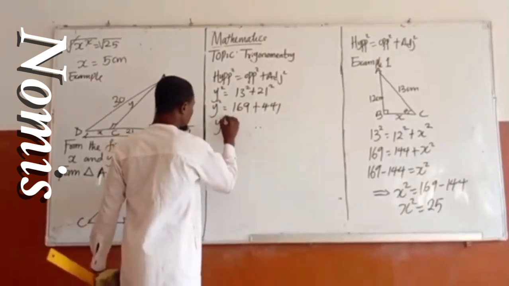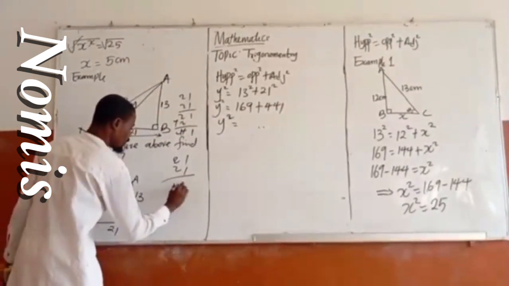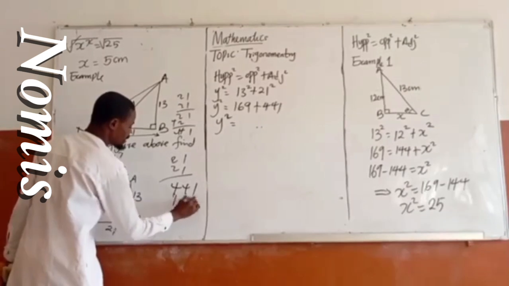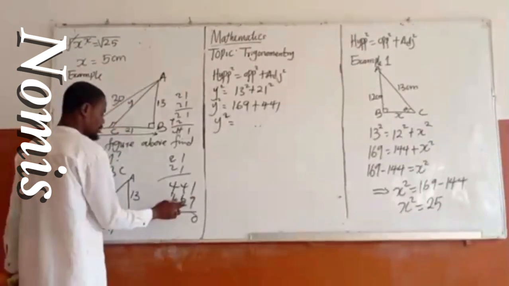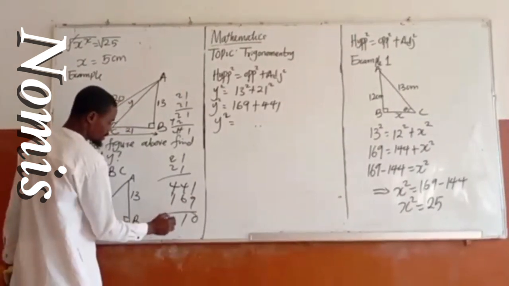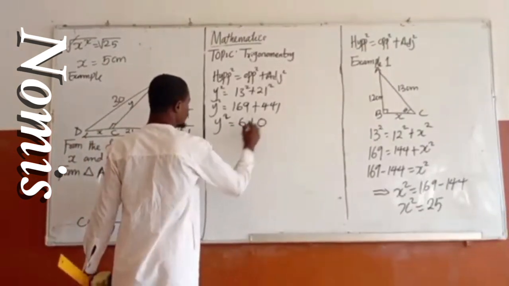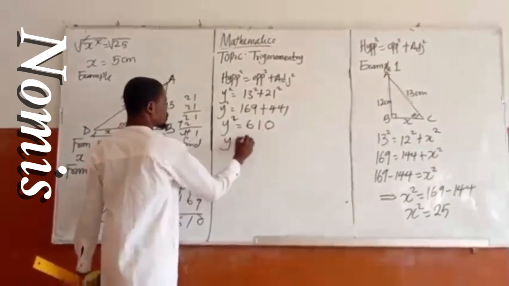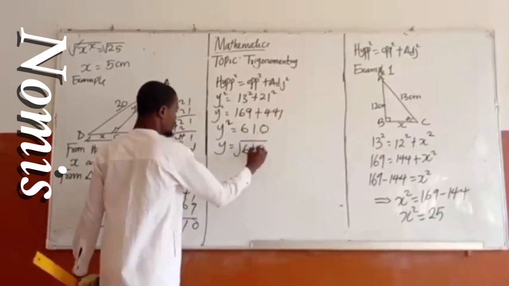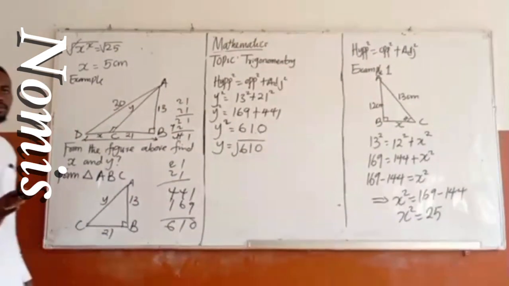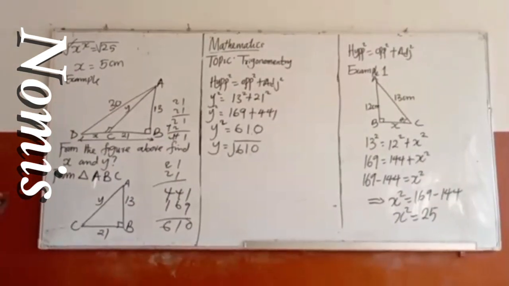Y squared is equal to, when you add the two together, 441 plus 169. We have 0, carry 1; 1, carry 1; 610. So we now have y is equal to the square root of 610. You can stop like this, or you can press the square root on the calculator, it's still the same thing.